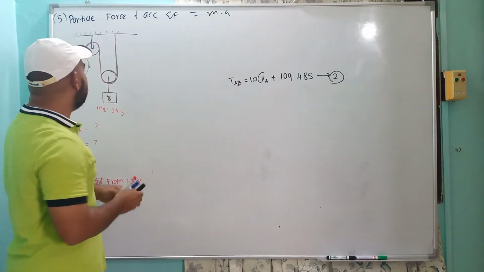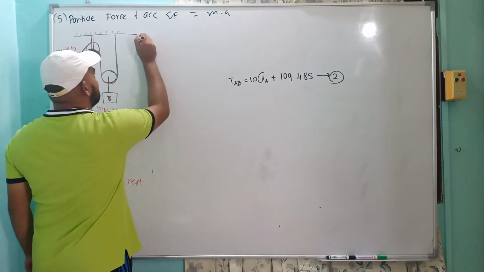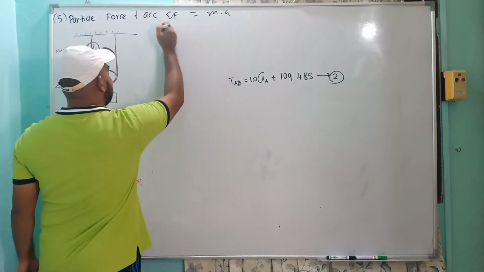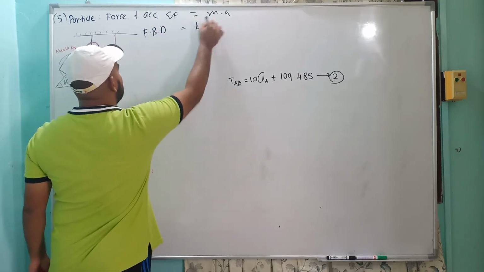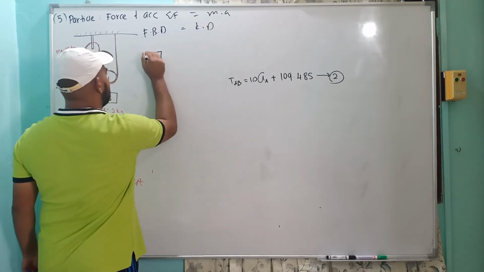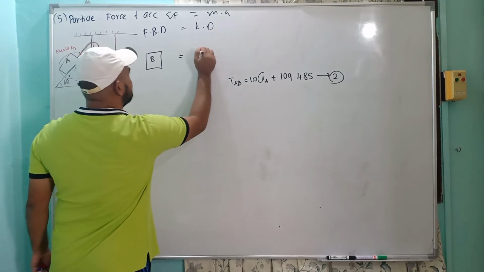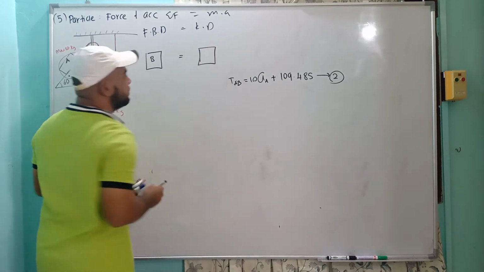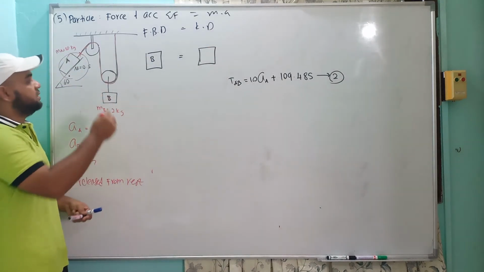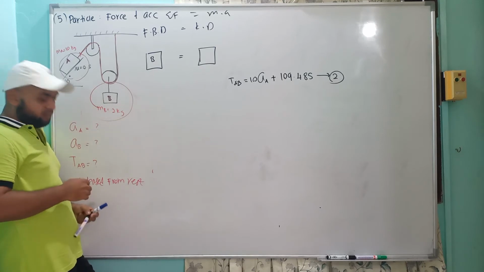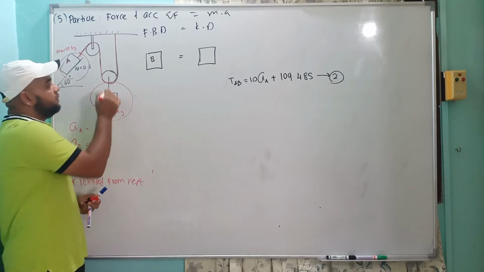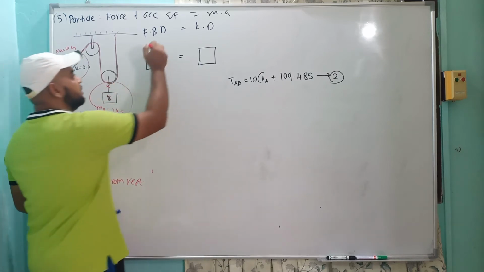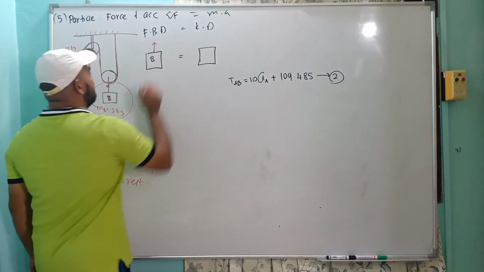Okay, point B. Sigma F equals ma, FBD equals kinetic diagram. We detach the component that we want and put on external forces. If you see from here, we have this cable going upward.